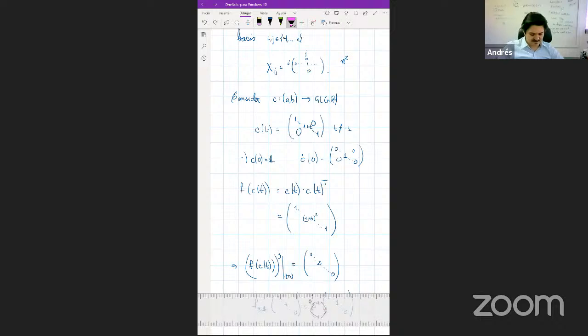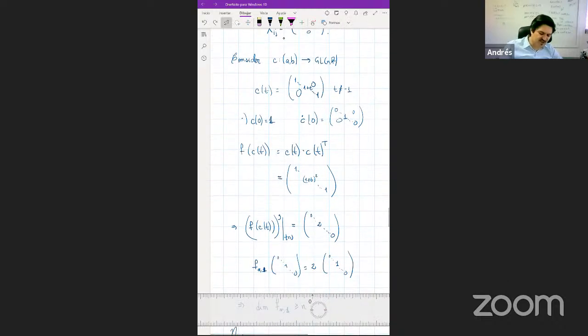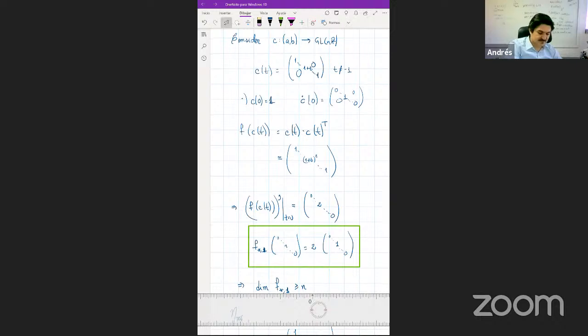Hence, this differential looks like this. So this vector on the tangent space is going to itself, but with a 2.